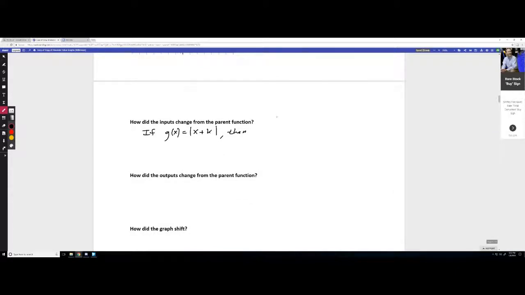So then our inputs increase the distance really. But basically, the inputs shift left, so they decrease by k, whatever the k value is.